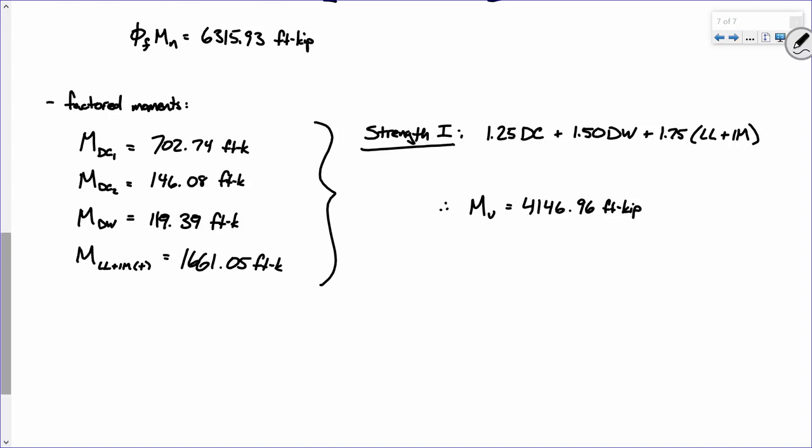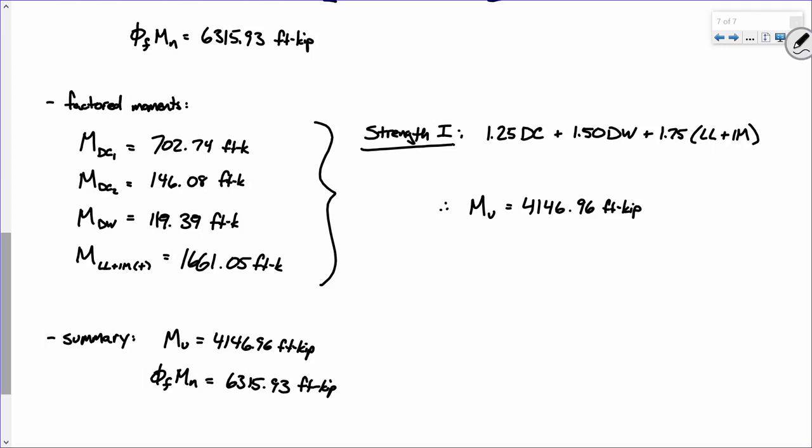So to summarize, because I always like to put a little summary and make sure I understand what's going on. We need our beam to resist a moment of 46.96 foot kips, and it is able to resist a phi Mn of 63.93.